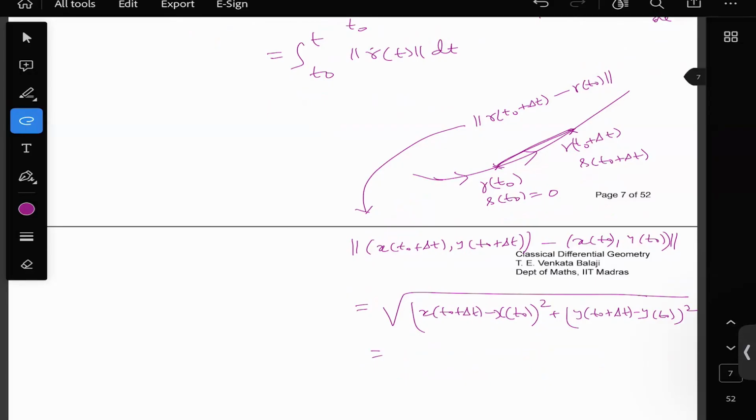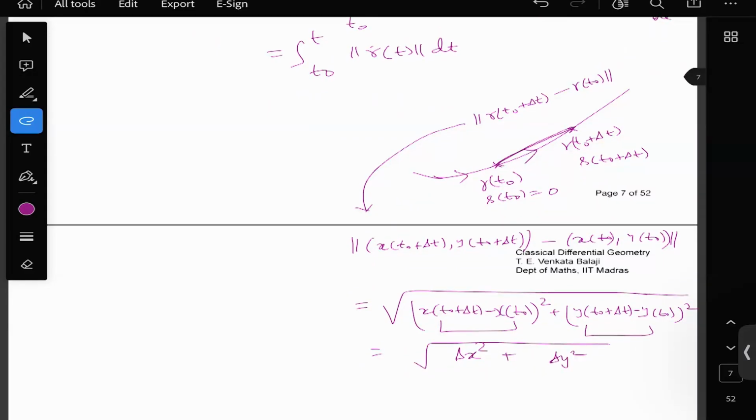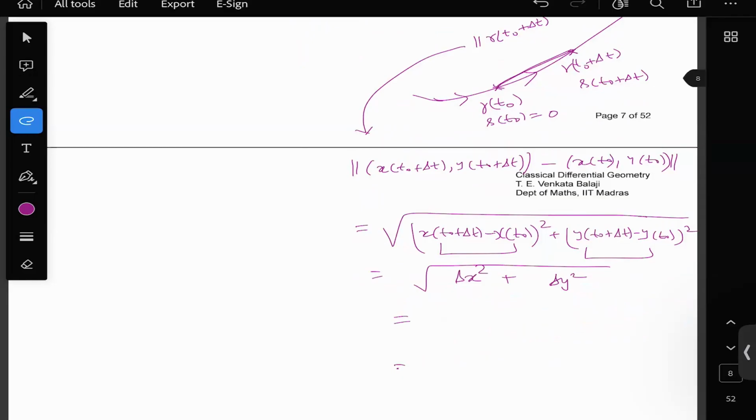But this is what? This is just delta x, the change in x due to t, and this is just delta y. And you see, this is the same as delta x by delta t squared plus delta y by delta t squared, times delta t. But what is this?